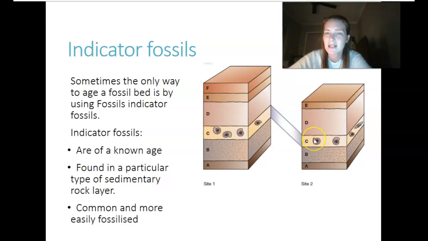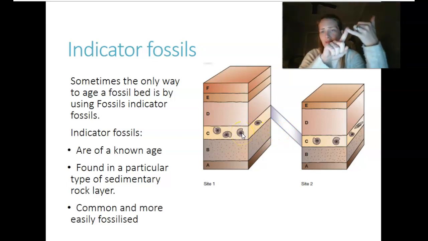Now we call these index fossils. I think this one could be an ammonite fossil. That's probably a trilobite in the back there. And both are good examples of index fossils. So index fossils are fossils that meet certain criteria. They are common, we find them pretty readily.